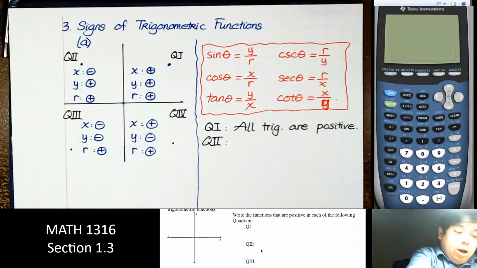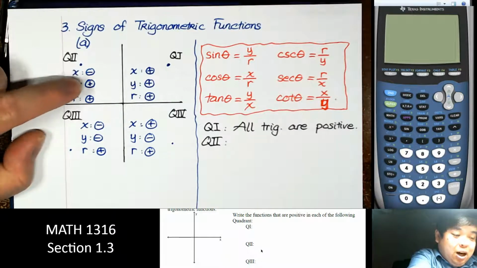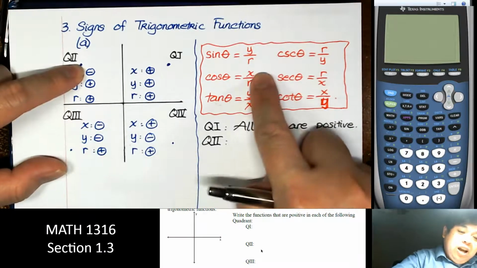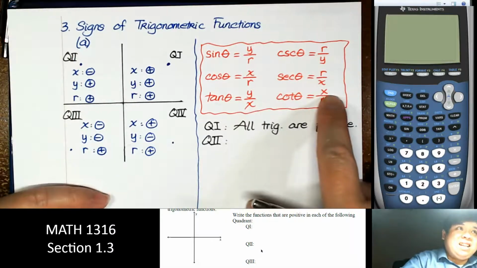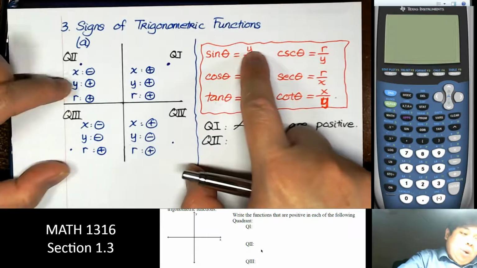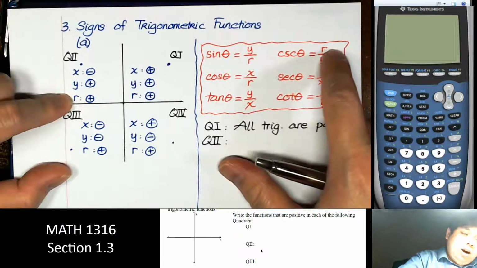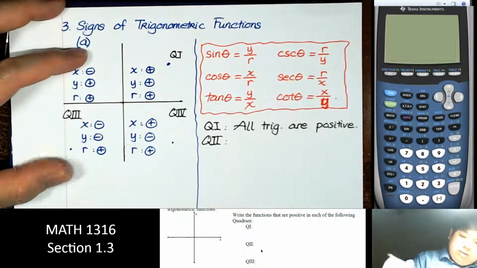Once again, quadrant 2, if there's x in it, a positive divided by negative, it's going to be negative. So that one's negative, negative, negative, negative, because there's x in it, right? So the y is positive, r is positive. So in this case, only sine and cosecant are positive.